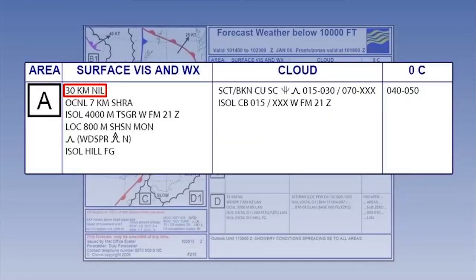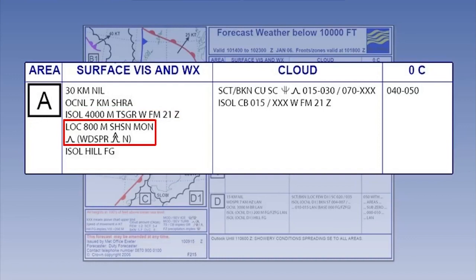Let's decode the surface visibility and weather in Area A. The general condition in Area A is 30 km visibility with nil weather. However, occasionally the visibility will be 7 km with moderate showers of rain. In isolated areas in the west, expect 4,000 meters visibility with thunderstorms and moderate hail from 2100 Zulu.